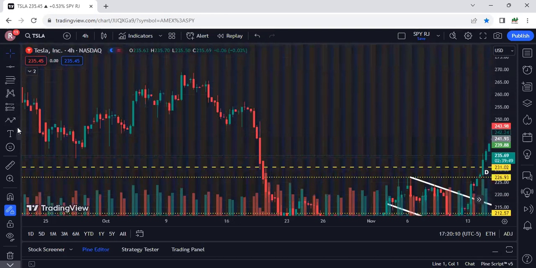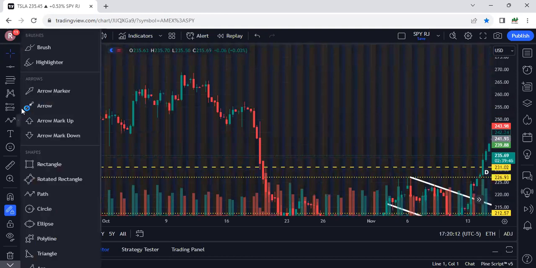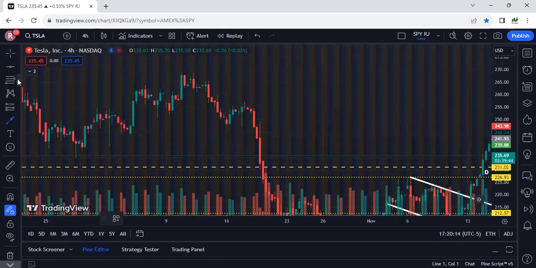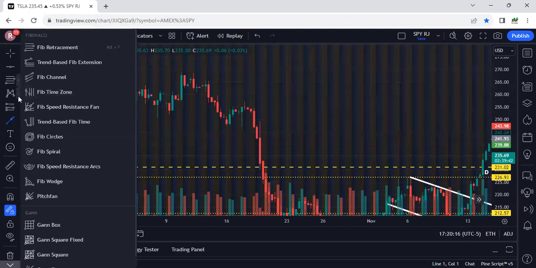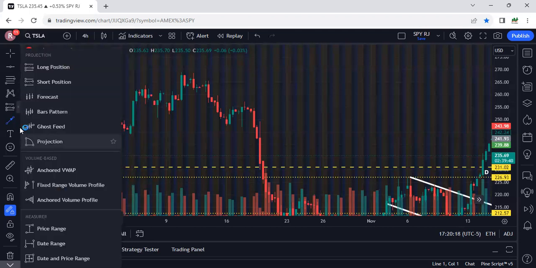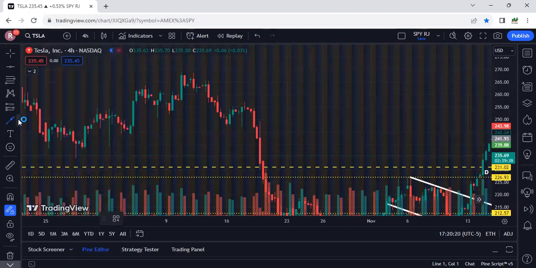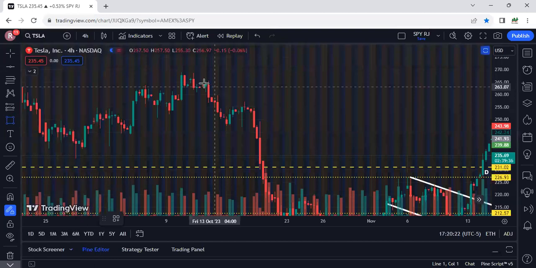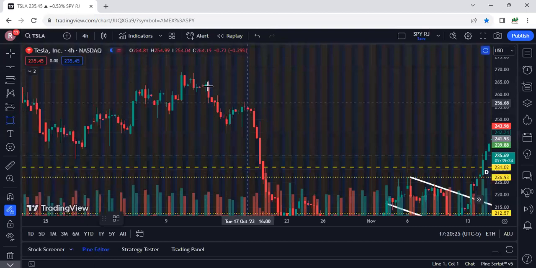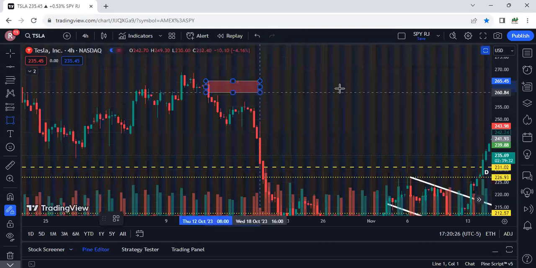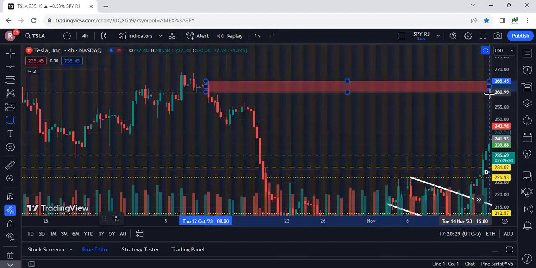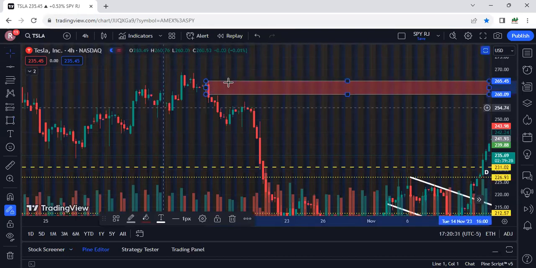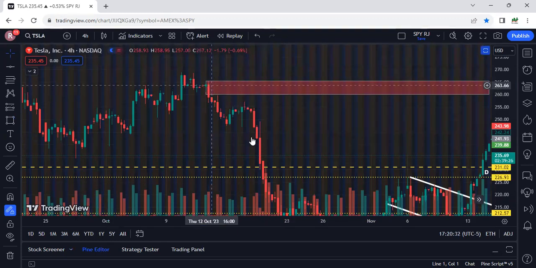An area which could be used as the supply is literally where it starts. This down move was started right here. This is telling you that when price gets back in here, there were sellers that made this move happen that are still sitting here, because there are unfilled orders up here.